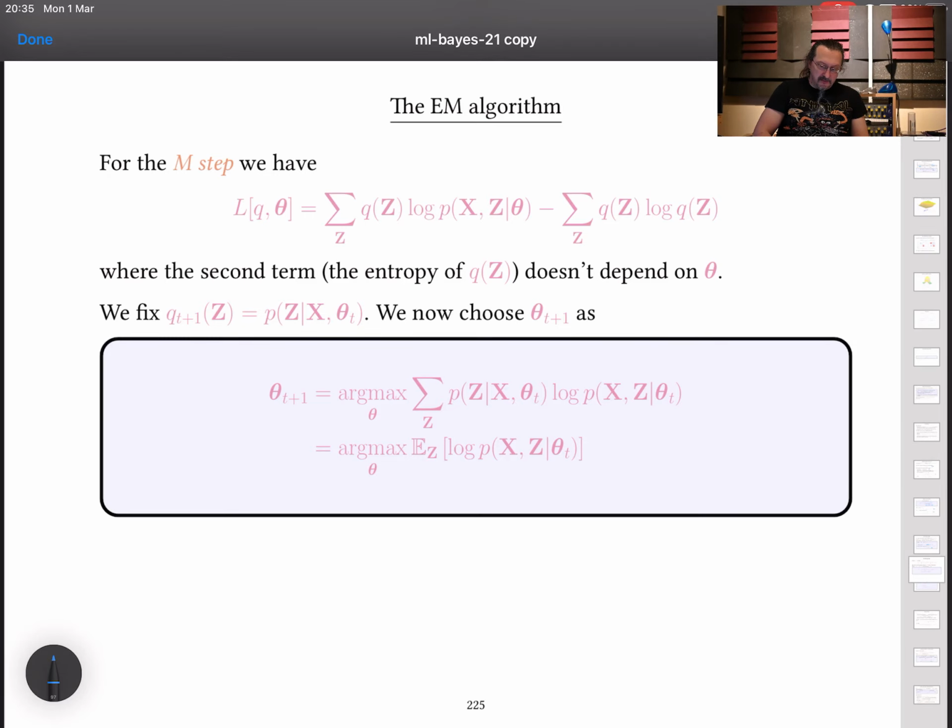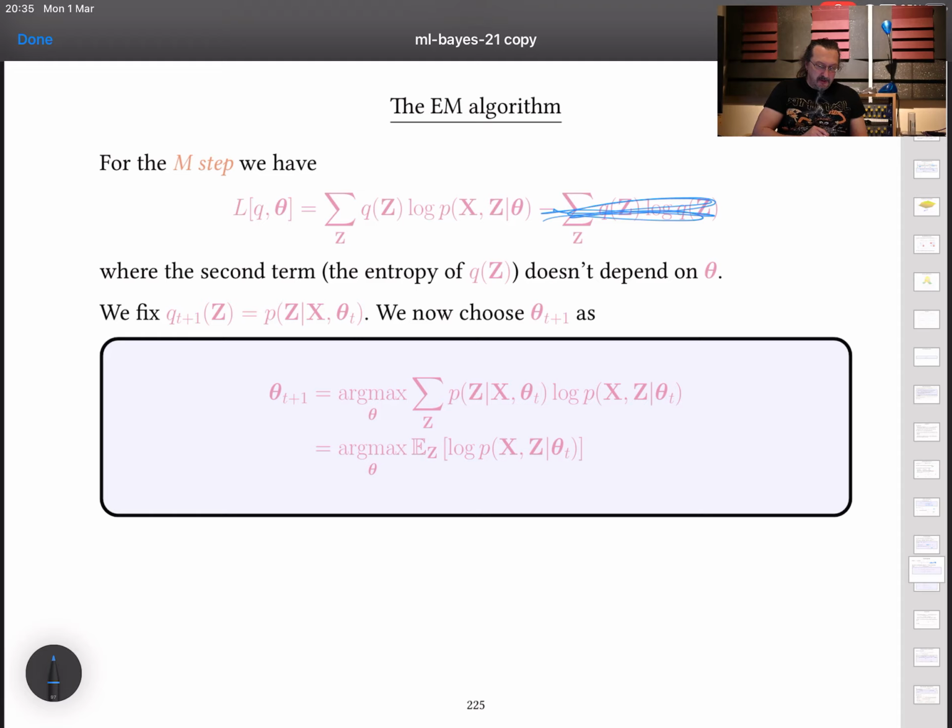Now, the second term there doesn't depend on theta. I'm keeping Q fixed and I'm maximizing with respect to theta. So I don't care about this guy. And what about the first?